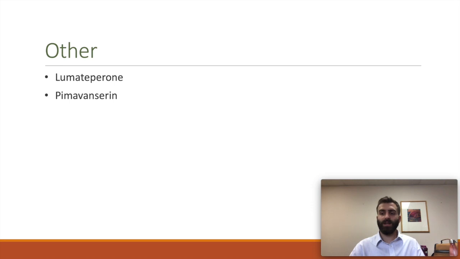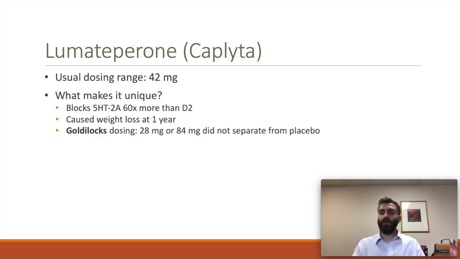For completeness' sake, I did include 2 more, so lumateperone and pimavanserin. Lumateperone's new. I've never seen it used yet. Its brand name's Caplyta. What makes it unique is it blocks 5-HT2A 60 times stronger than D2, and it caused weight loss at 1 year, which potentially could be really beneficial for certain patients. But it does have this Goldilocks dosing. So one trial compared 28 milligrams to 42 milligrams, and only the 42 was effective.